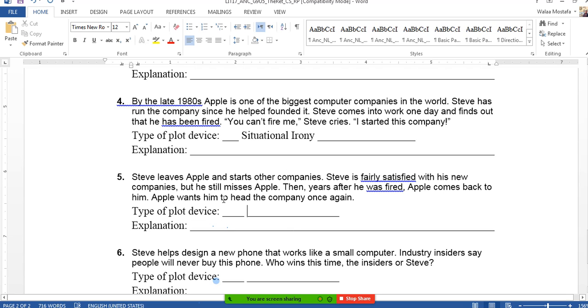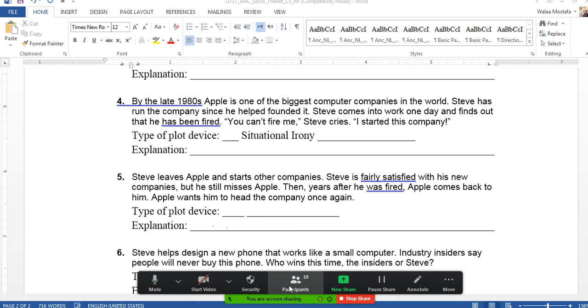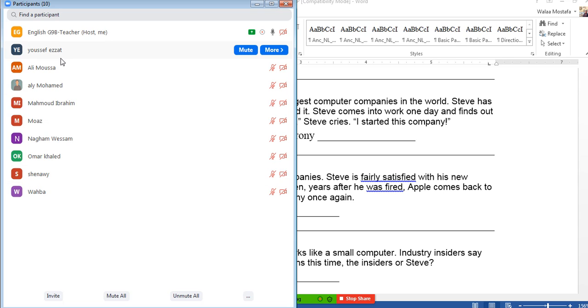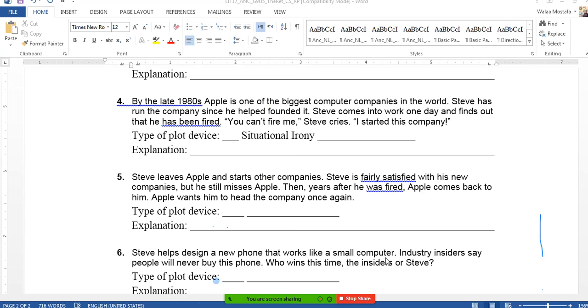By the late eighties, Apple was one of the biggest computer companies in the world. Steve has run the company since he founded it. Steve comes into work one day and finds out that he has been fired.